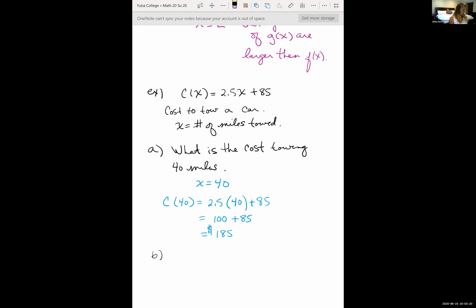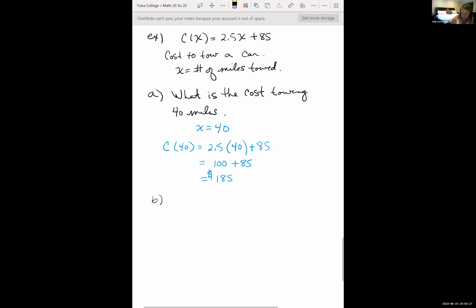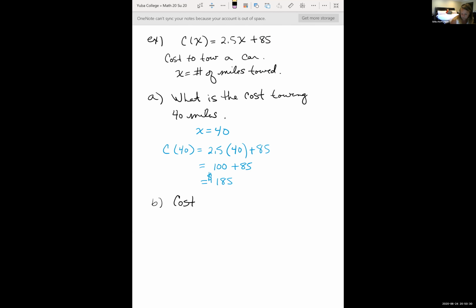If the cost of towing a car is $245, how many miles was towed? Okay, so we know the cost, but we don't know the miles.